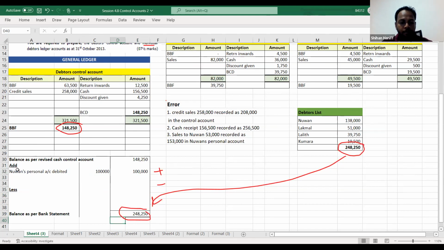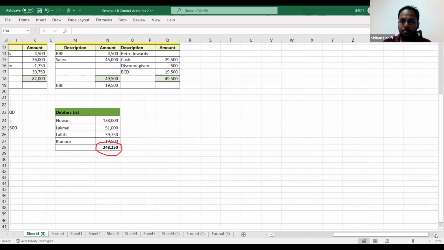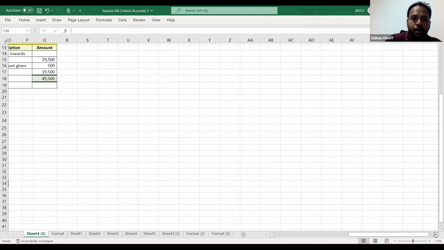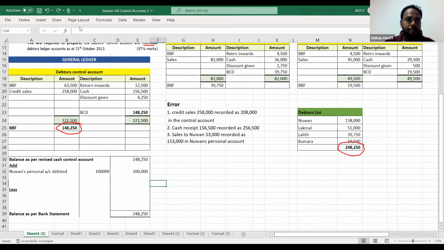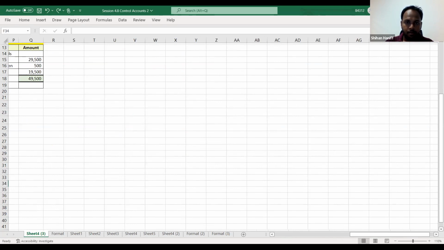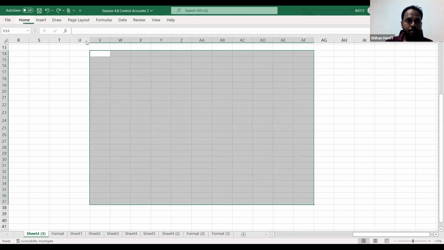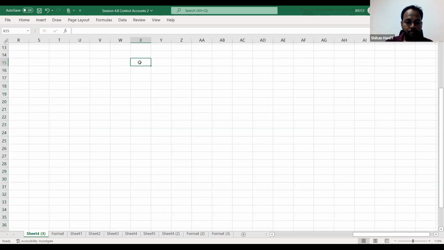So this balance now is 248,250. So what you have to remember is, now I'll give the summary. You can write it down. Write this summary.